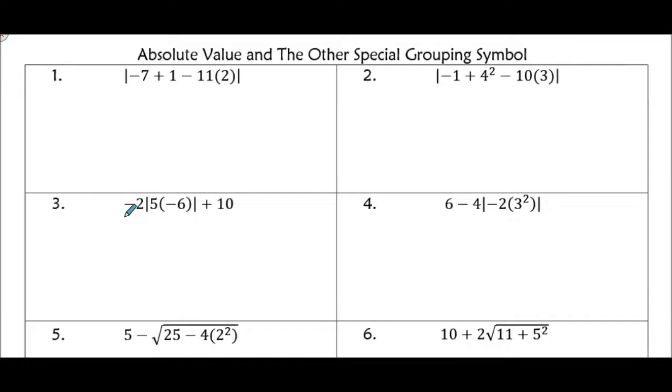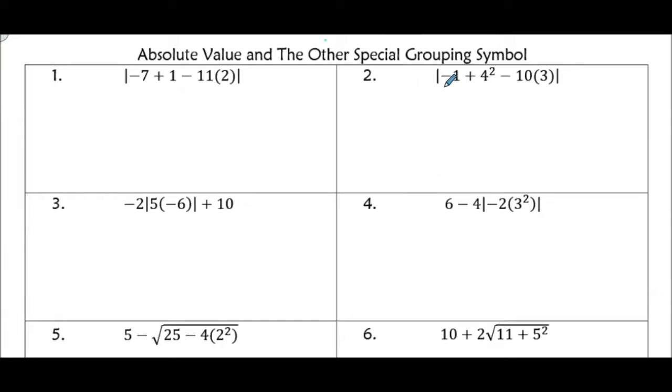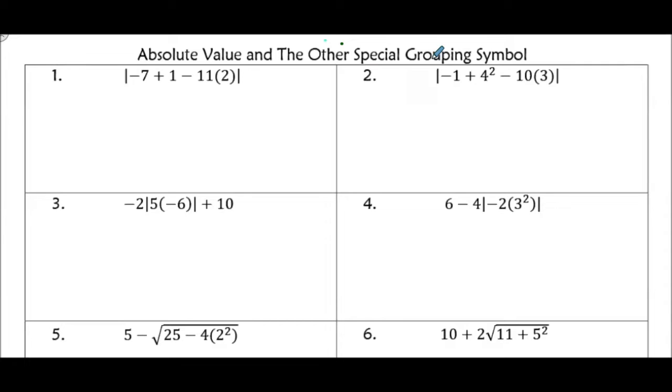So, again, I want to make sure I'm following order of operations. Right, so I want to follow GEMDAS still. So that means I have to do the grouping symbol first. That's really important for absolute value.